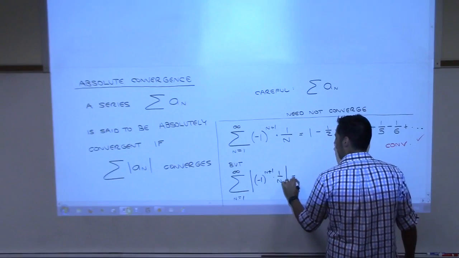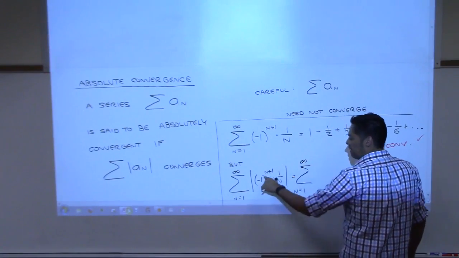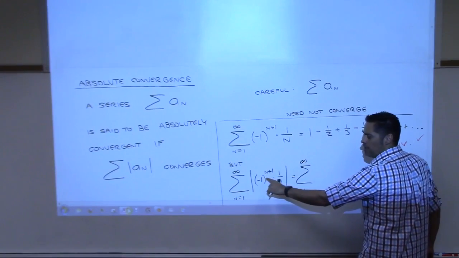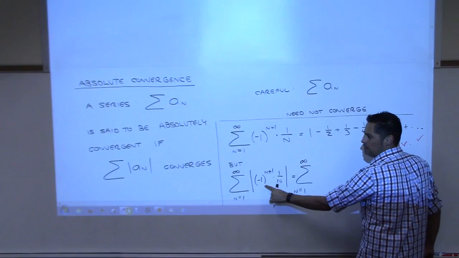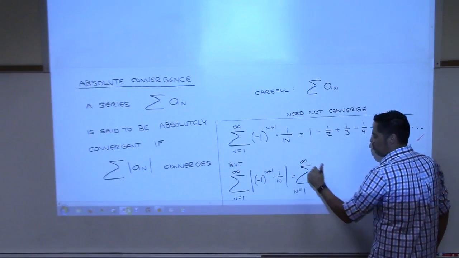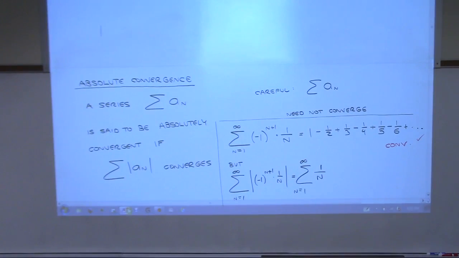If I take the absolute value of that series, what happens? That negative 1 to the n no longer matters because I'm always going to take the absolute value of it, and it's always going to spit out a 1. So that's basically dead. All you have is the 1 over n. And what does that series do? This diverges.